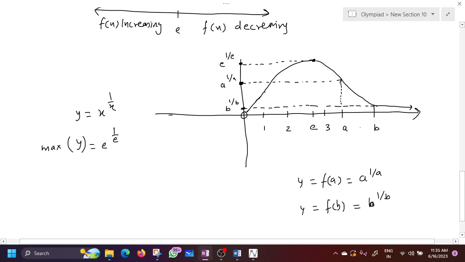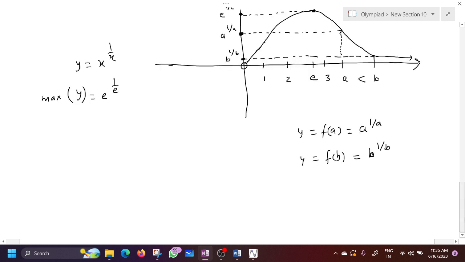Now see, a is smaller than b, but the value of f(a) is greater than the value of f(b), because it is a decreasing function. In a decreasing function, always remember, if x1 is smaller than x2, then f(x1) will always be greater than f(x2).